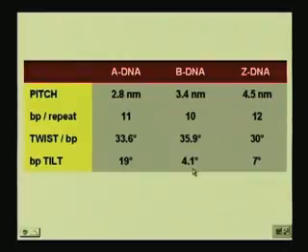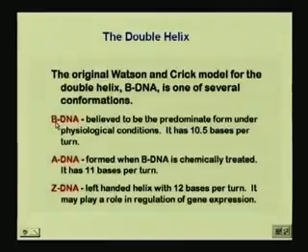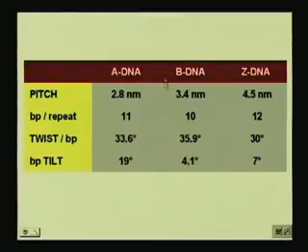That is a slight base pair tilt. So, of the 3 DNAs, the B DNA, the A DNA and the Z DNA, the most common structure that we will be considering is just the B DNA. That has about 10 base pairs per turn, 3.4 nanometers and a base pair tilt of 4 degrees.